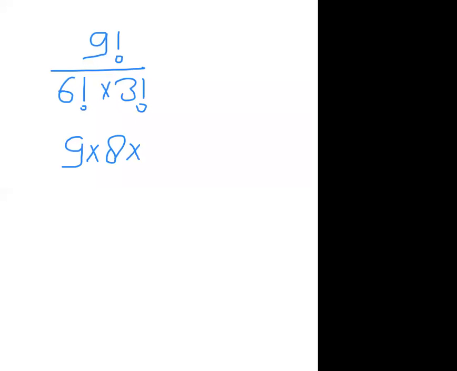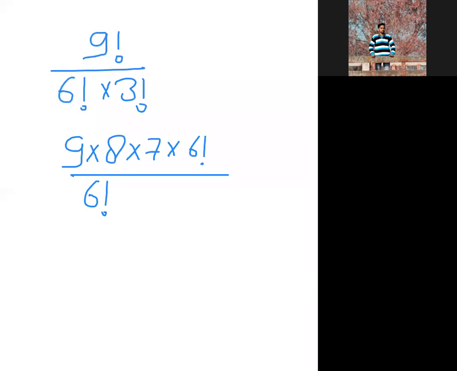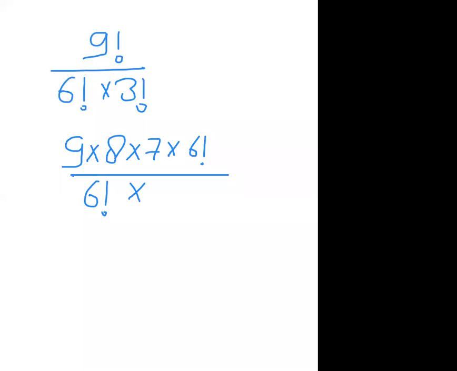Now a question is given: 9 factorial upon 6 factorial into 3 factorial. We need to simplify it. I could write 9 factorial as 9 into 8 into 7 into 6 factorial, upon 6 factorial into 3 factorial, which can be written as 3 into 2 into 1.